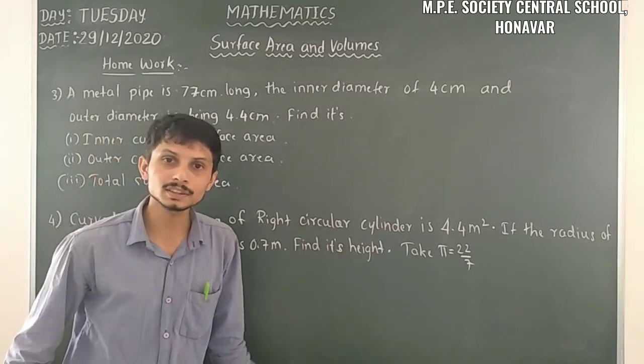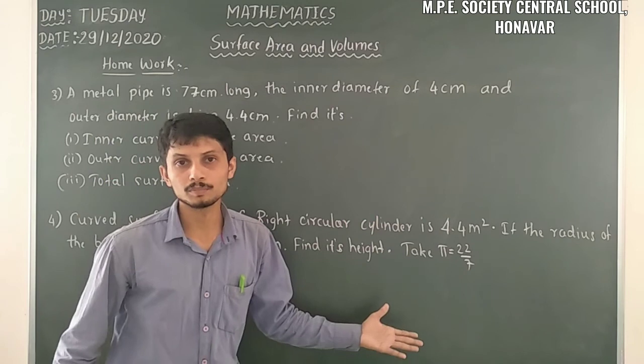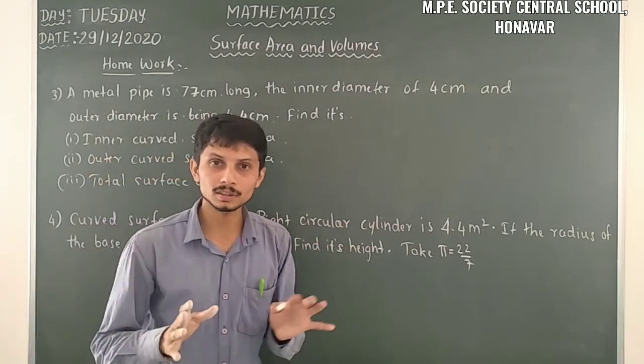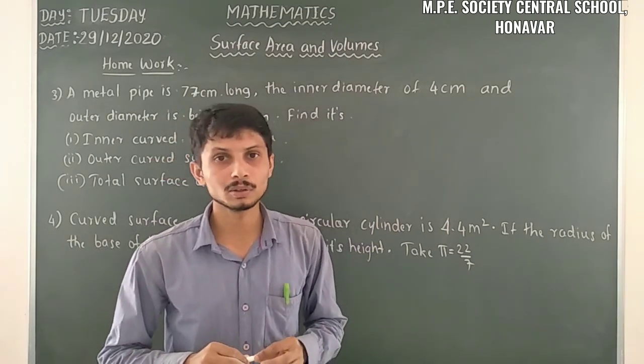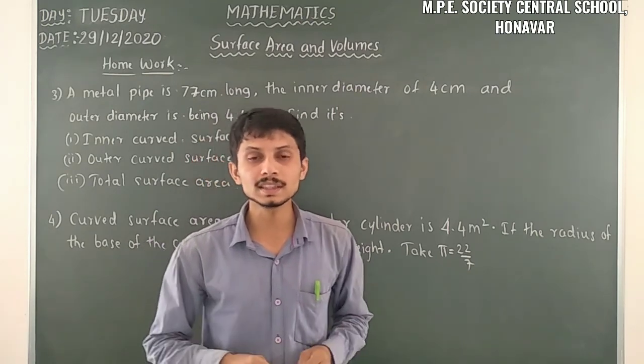So using those things you have to find the height of this cylinder. I hope you understood these things. You have to solve this homework at home and then send it. Okay, I hope you understood.